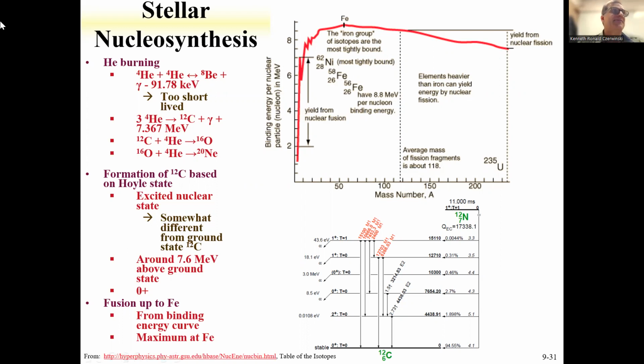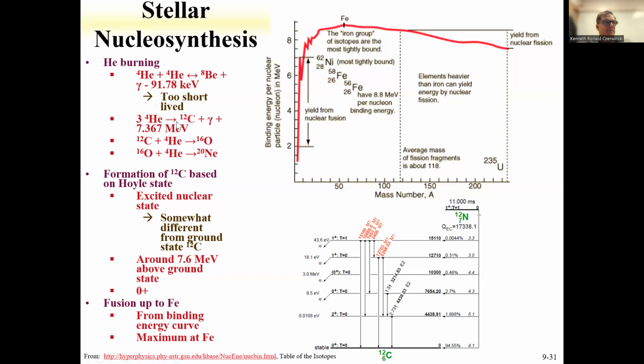So you basically need to have another helium hit that beryllium in that time frame to make carbon-12. That's too short. What actually happens is something that we're told is never supposed to happen in physics, and that's the three-body reaction.